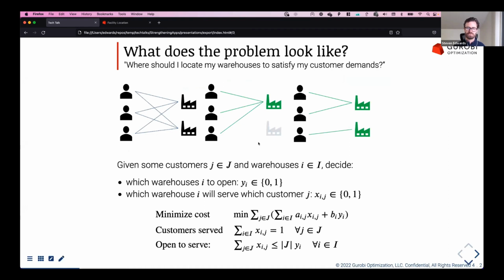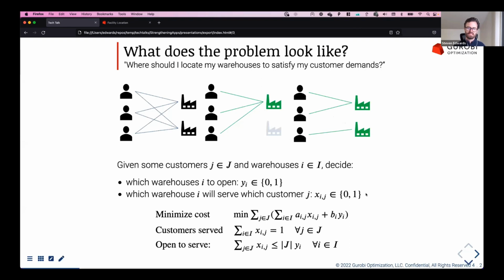So for example, this middle image could be one solution where you just open one facility and have all of your customers go to that. But it might actually be cheaper, depending on the costs to open the facilities and also the costs to serve your customers, for it to be worth opening two facilities and direct your customers like so.